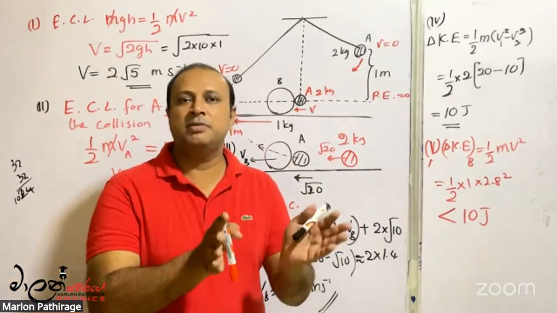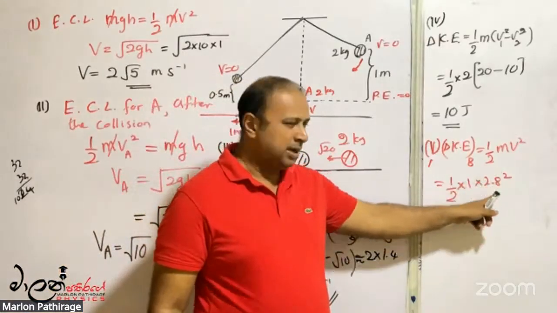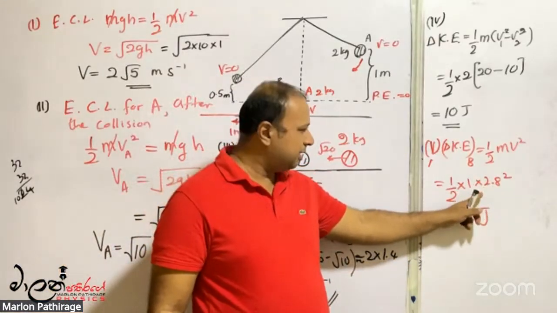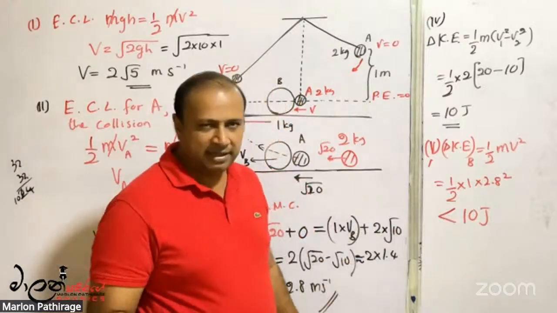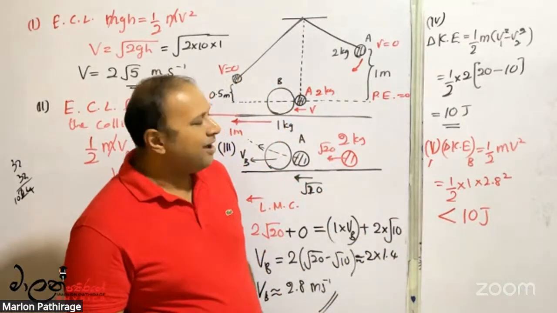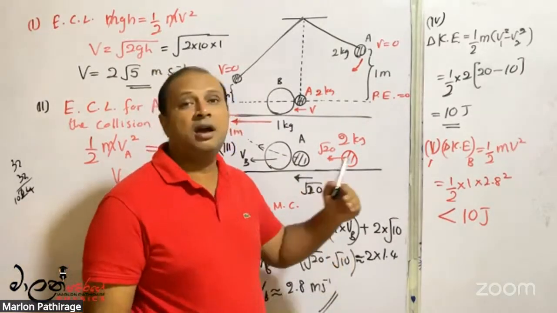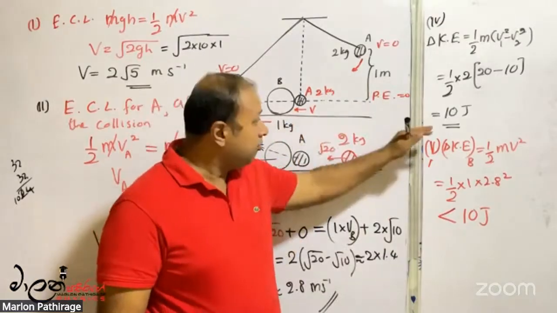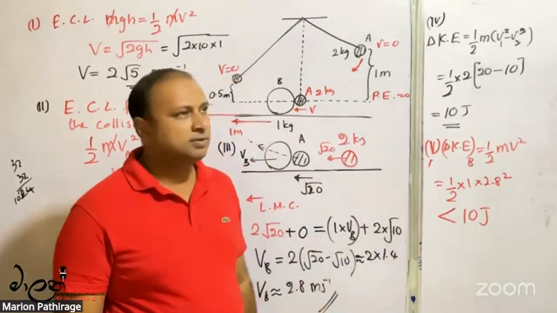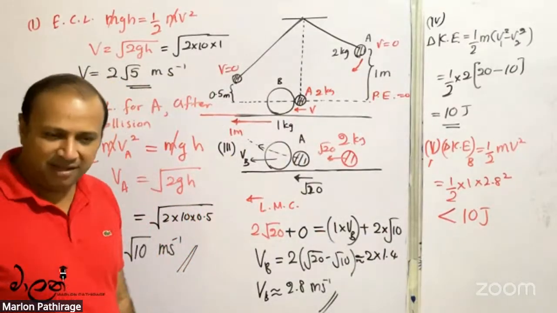If you consider this one as 3, then this value should be 4.5. Therefore, actually not approximately, more than half of this kinetic energy is lost.